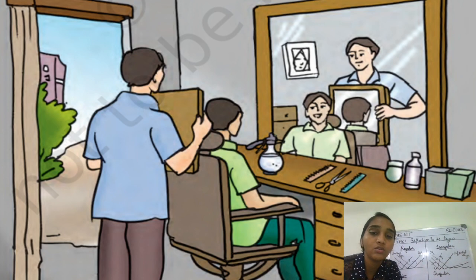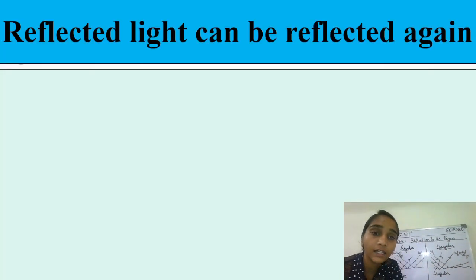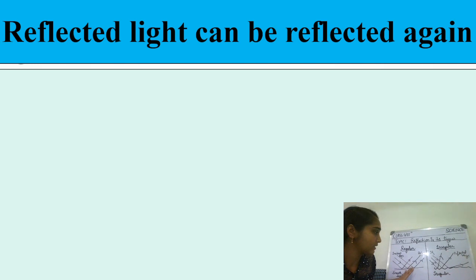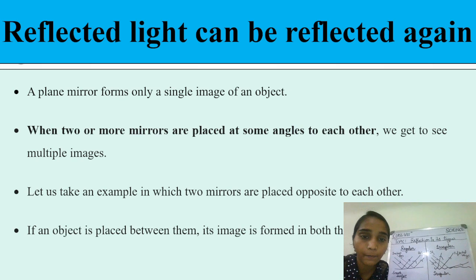Yes, very good, students. So here also some kind of reflection is involved, and we can see multiple reflections. So students, from this we can infer that reflected light can be reflected again. Hence we are able to see this in the barber shop, where they use mirrors.